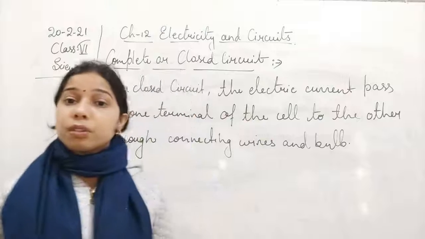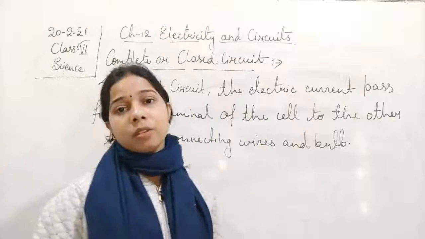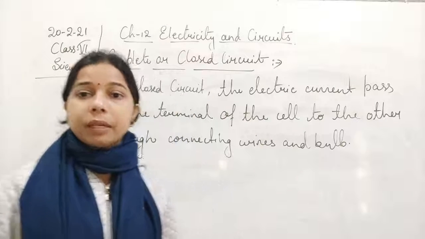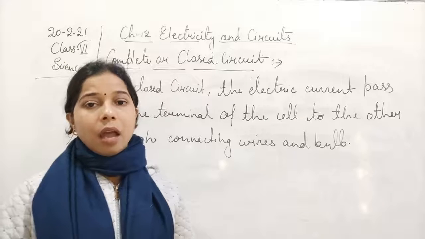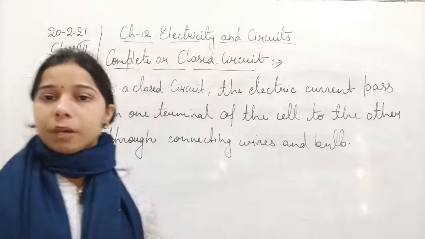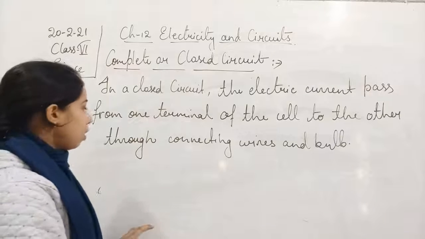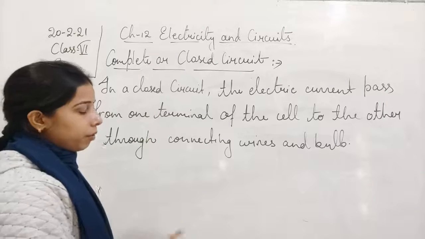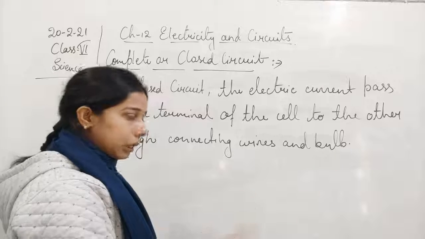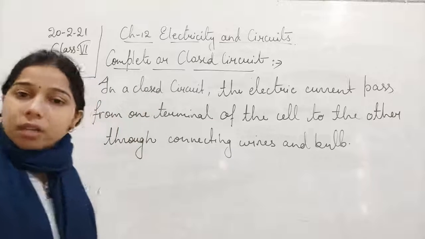Okay, so this is a complete circuit in which the connecting wire and the bulb help in connecting the two terminals of the cell, and there is no gap. That's why it is written that one terminal of the cell is connected to the other terminal through the wires and the bulb here.